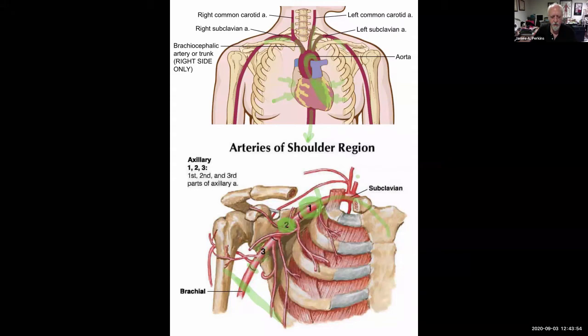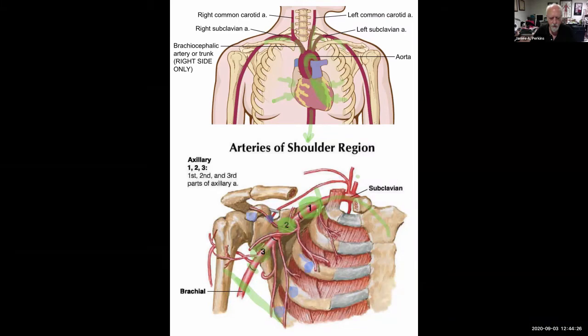And then the third part of the axillary artery would lie lateral to or distal to, beyond the pectoralis minor. I'm going to change colors here so I can draw something else in. So where Netter kind of screwed up is that the pectoralis minor originates from ribs 3, 4, and 5, and has its insertion here on the tip of the coracoid process of the scapula.